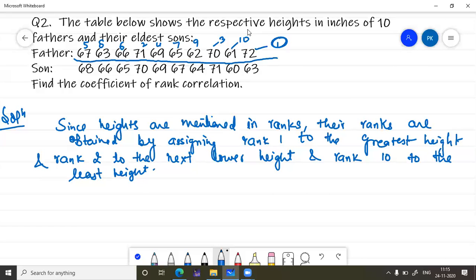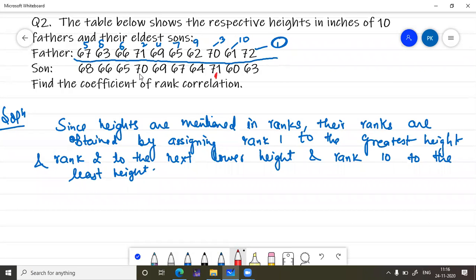In the same way, assign ranks for the son's heights. Which is the greatest among all the heights? For the son's case, 71 is the highest, so it is rank 1.